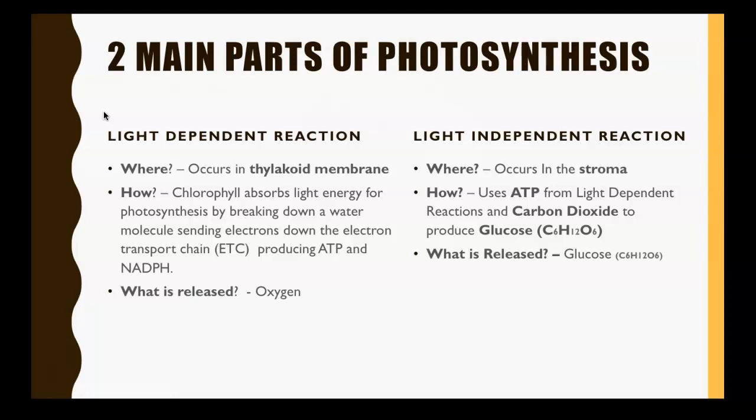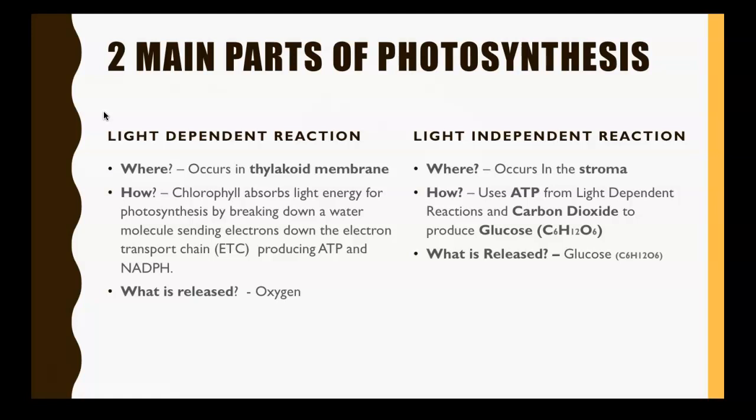Now, what goes on during the light-dependent reaction? Chlorophyll is going to absorb the light energy from the sun for photosynthesis by breaking down a water molecule, and as a result of that water molecule being broken down, it's going to release electrons down the electron transport chain, producing ATP and NADPH.